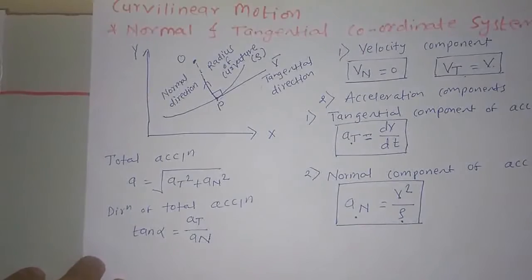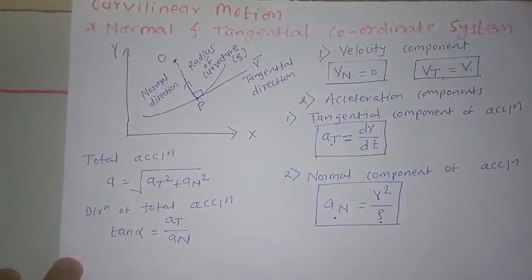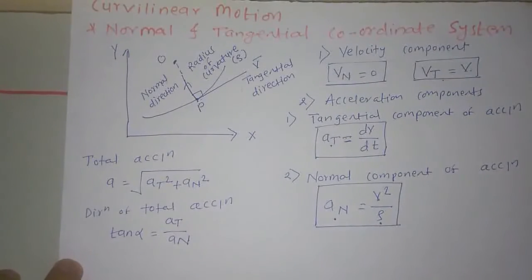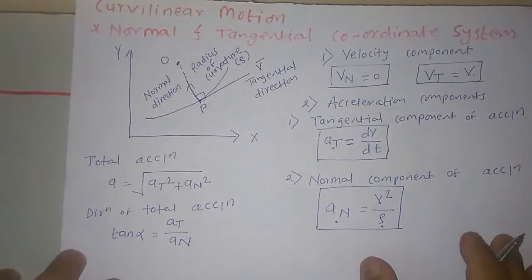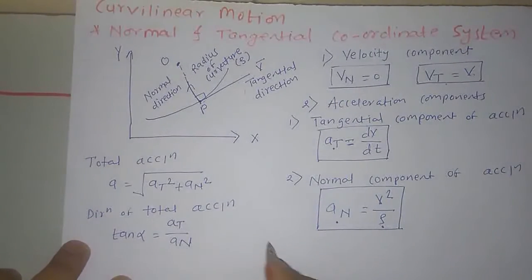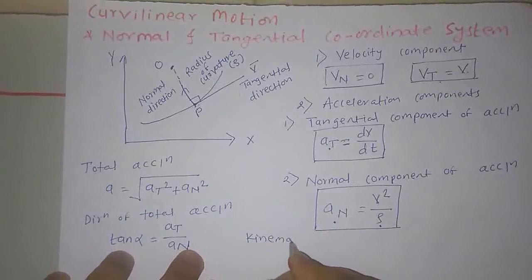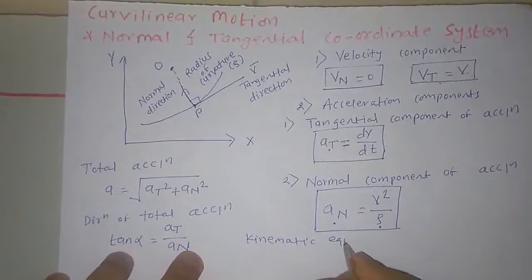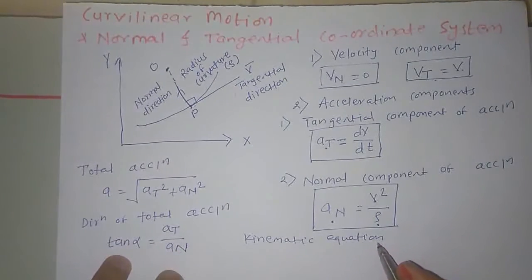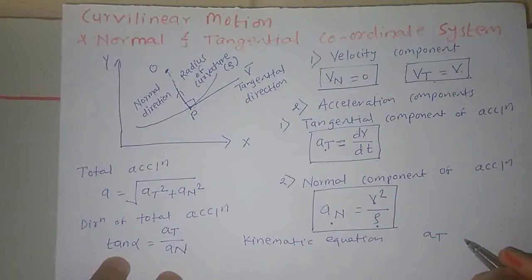Now we will solve problems based on this normal and tangential coordinate system. To solve the problem we need the kinematic equations, but there is a little change. While using kinematic equations for curvilinear motion of a particle, we need to always use the tangential acceleration.